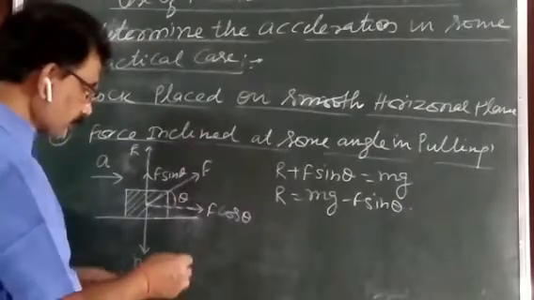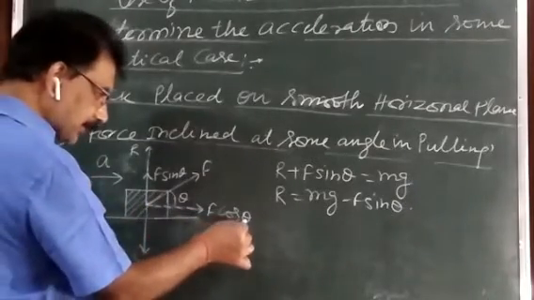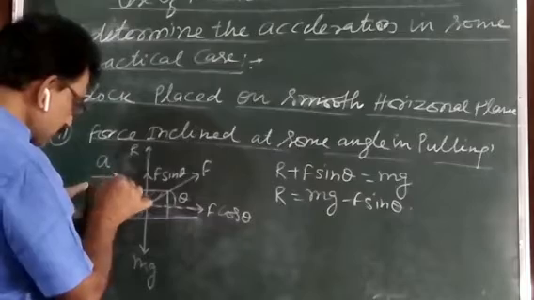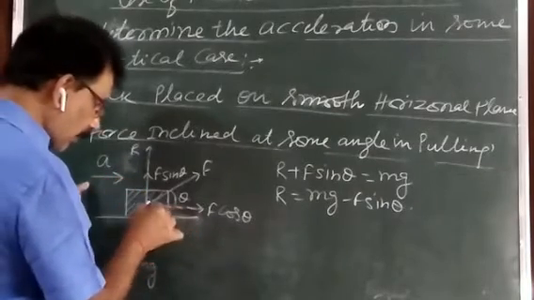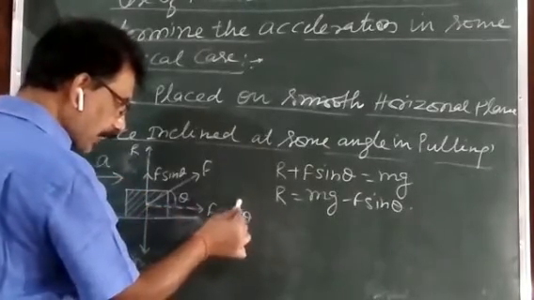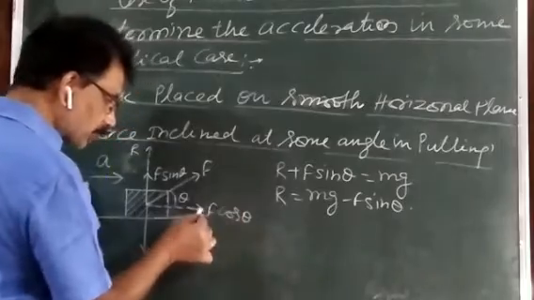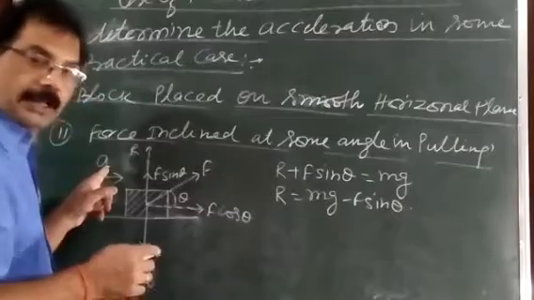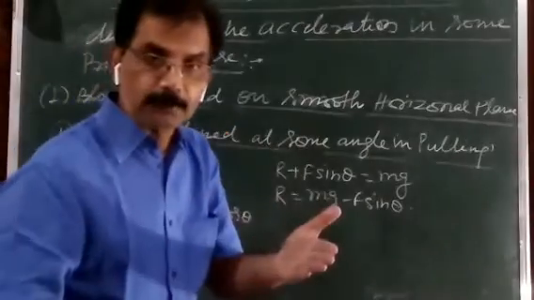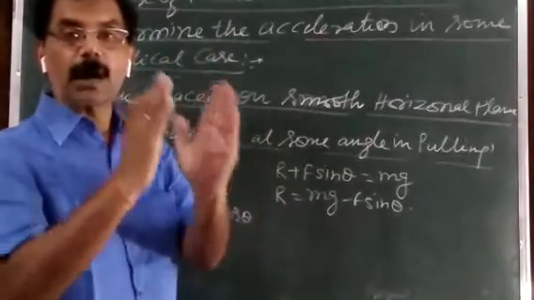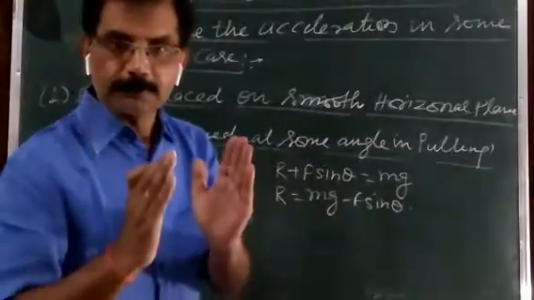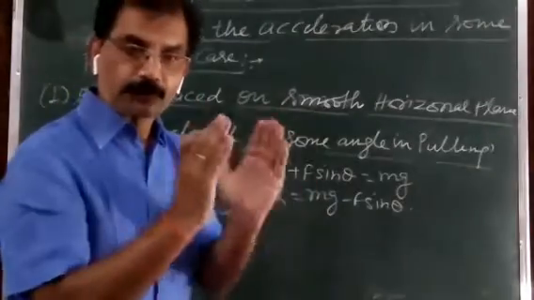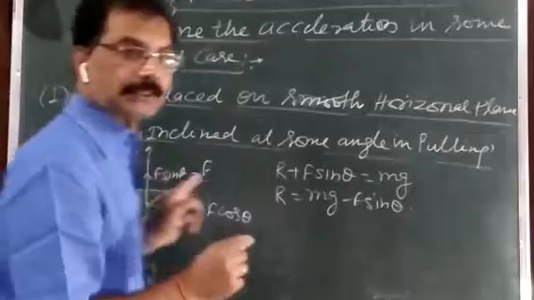And now you see, the acceleration is taking place in the direction of F cos theta. It means this component of the force is responsible for producing the acceleration a. So by Newton's second law of motion, force is equal to mass into acceleration. Which force is responsible for this acceleration?